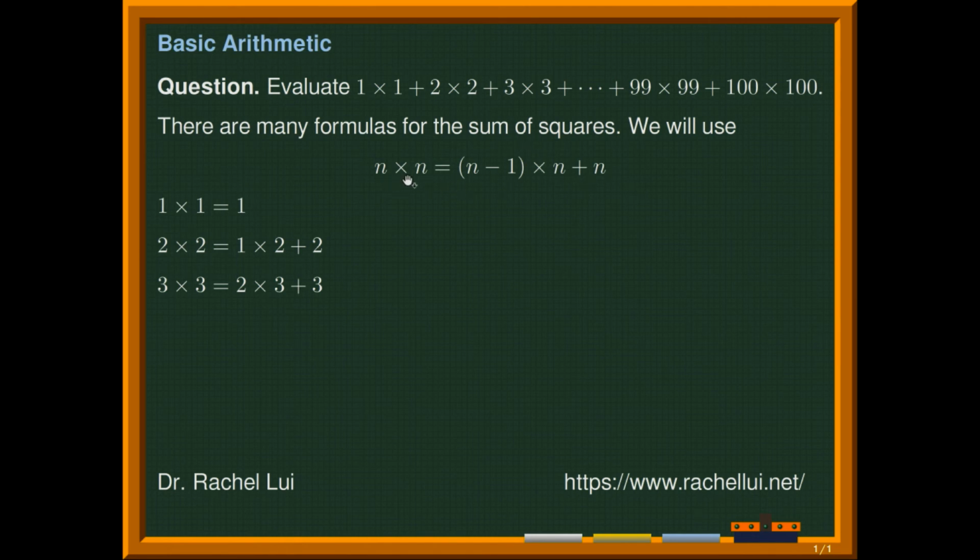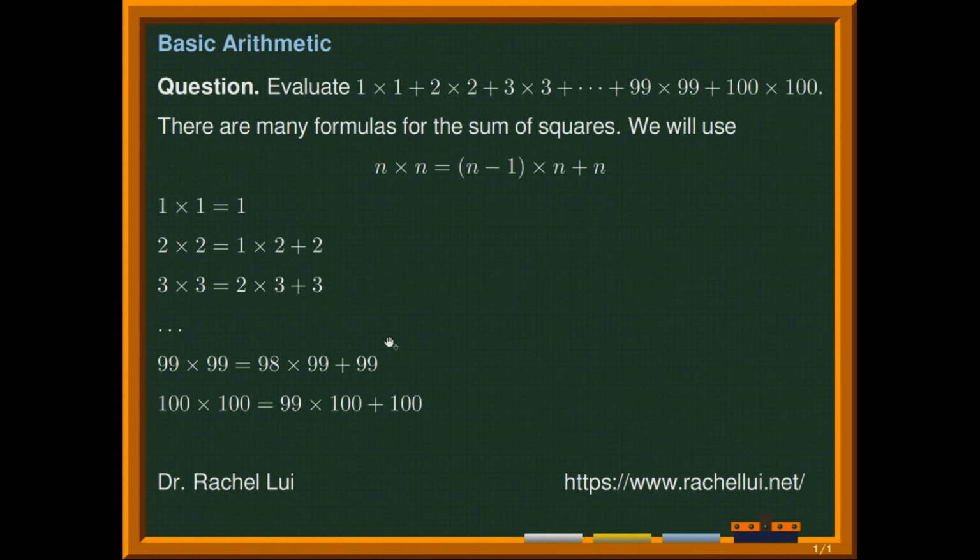So n is 3. 3 minus 1 is 2 times 3 plus 3 here, and so on. And then we will substitute 99 into the formula. Then you have 99 minus 1, which is 98, times 99 plus 99. And then we will substitute 100 in this formula. Then you have 99 times 100 plus 100.